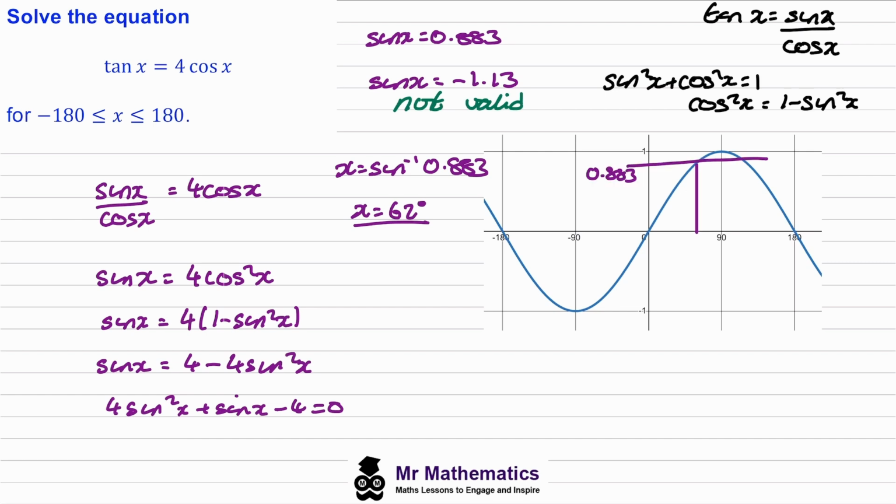So within our range of negative 180 to 180, we'll have two solutions, one at 62 degrees. We know this is 28 degrees on this side, so 28 degrees on the other side will give us 118 degrees. So our solutions are x equals 62 and x equals 118 degrees.